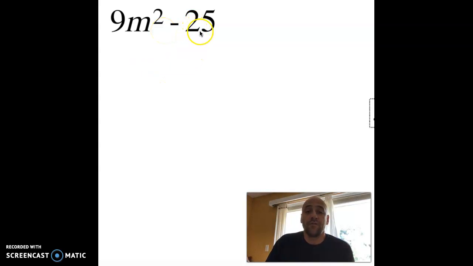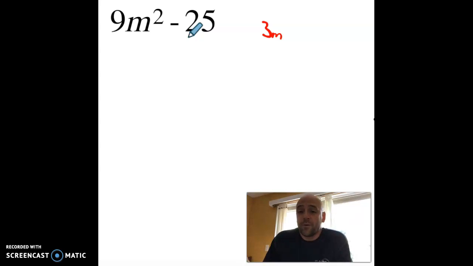Okay, 25 is 5 times 5. It's a perfect square. 9m squared is a perfect square, but it's kind of in disguise. To get 9m squared, we're going to take 3m, and if you multiply 3m by itself, 3m times 3m, there's your 9m squared.